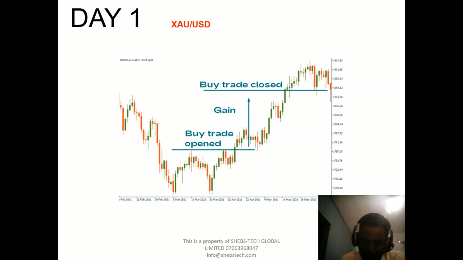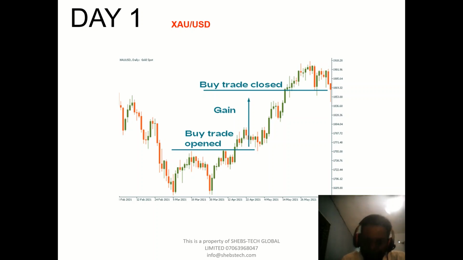And when the government of the United States decides to combat inflation and raise interest rates, the US dollar will appreciate, so gold will start falling. So let's say in this case there's high inflation, so gold starts going up, going up, going up.